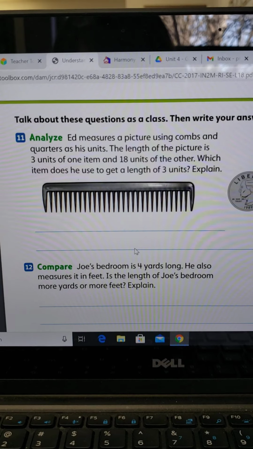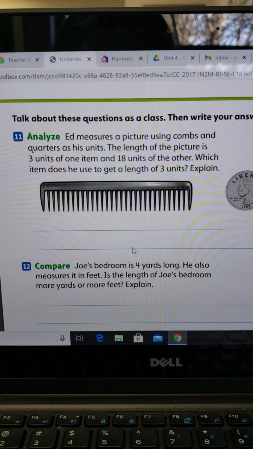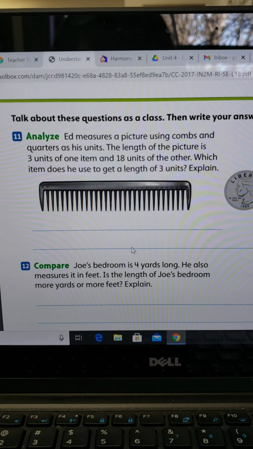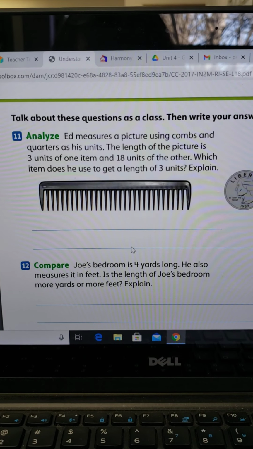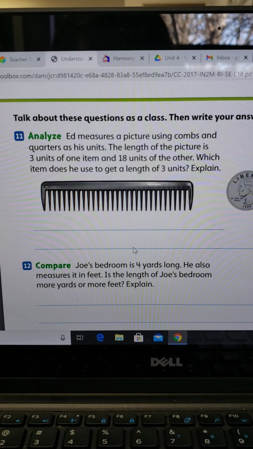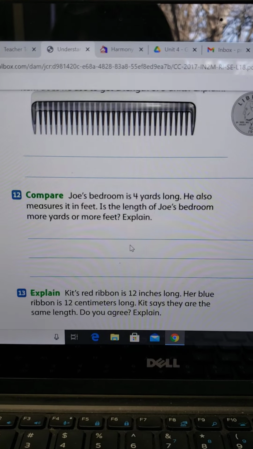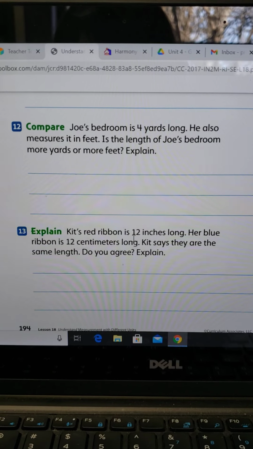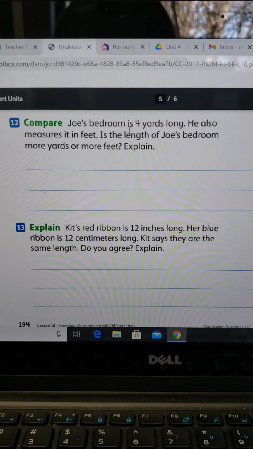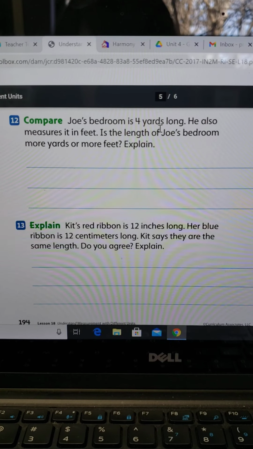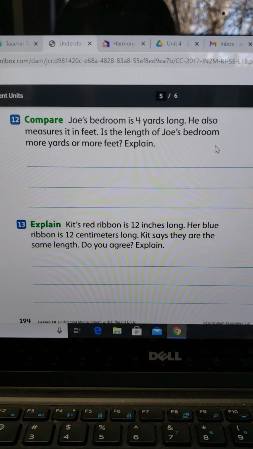We're going to write, Ed would use a comb because it is longer. You can pause or rewind if you need to. We're going to keep on moving. The next problem says Joe's bedroom is 4 yards long.